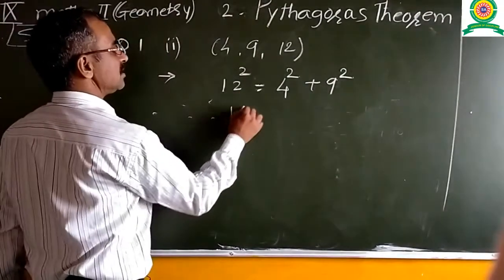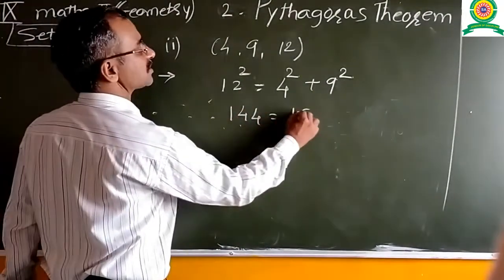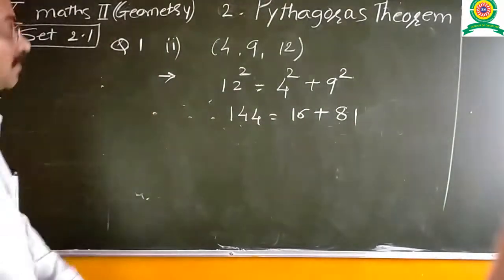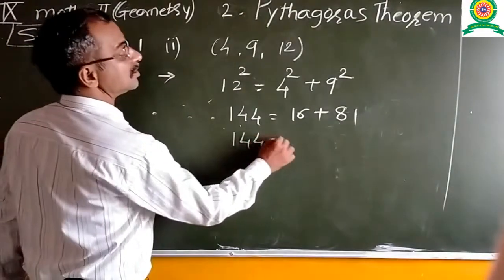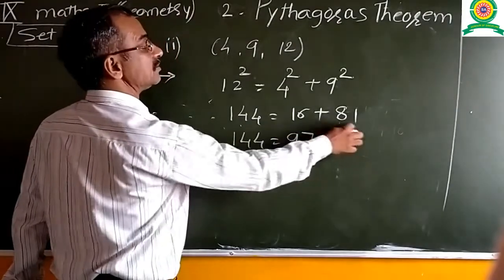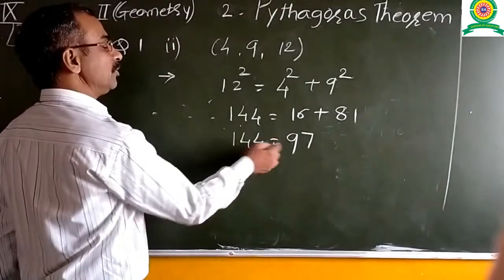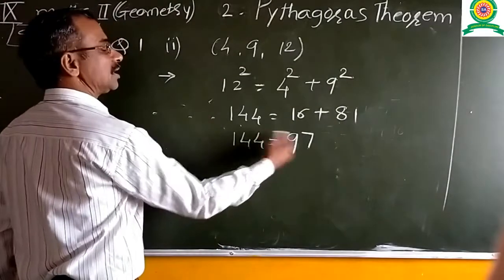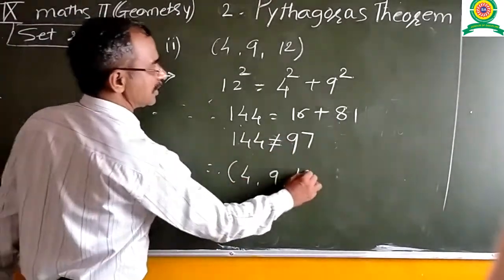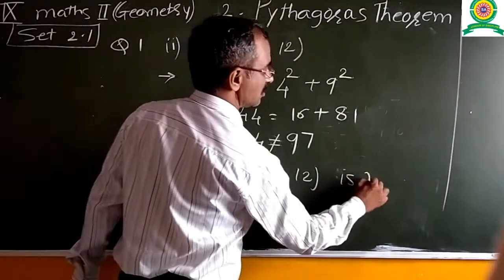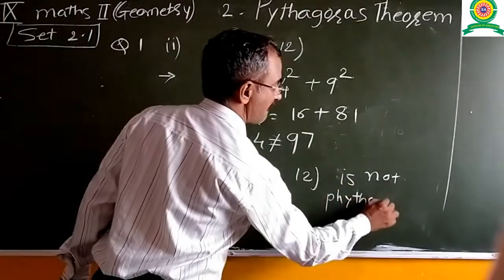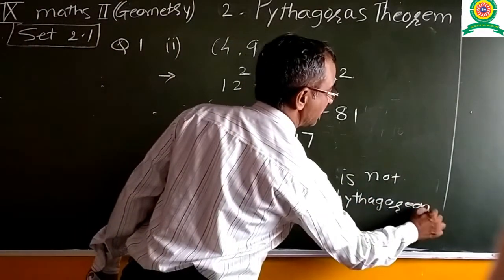So 12 square is 144, 4 square is 16, 9 square is 81. Adding 16 plus 81 is 97. Then 144 and 97 are not equal. So the given numbers 4, 9, 12 are not a Pythagorean triplet.